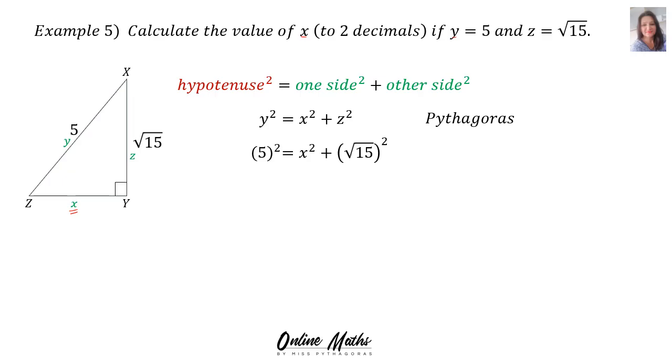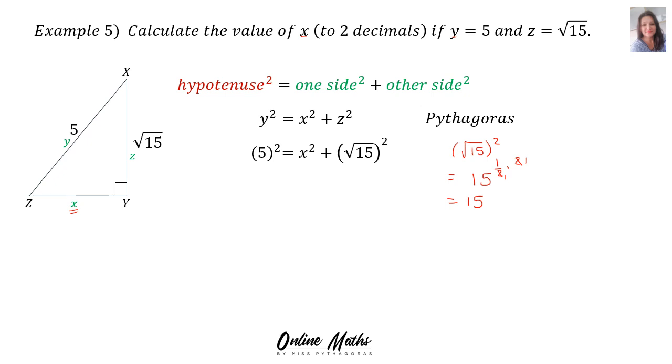we square it. Now I want to show you here root 15 squared. A square root is the same as to the power of a half squared, and then 2 goes in itself once, 2 goes in itself once, and you're left with only 15. So therefore, root 15 squared is just 15.